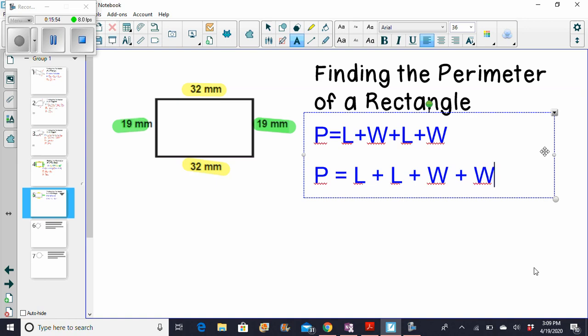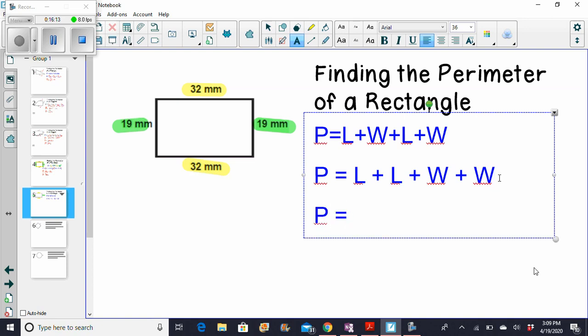It doesn't matter the order that I add them together. Since I have two L's and two W's, I could think of it as length times 2 and width times 2.